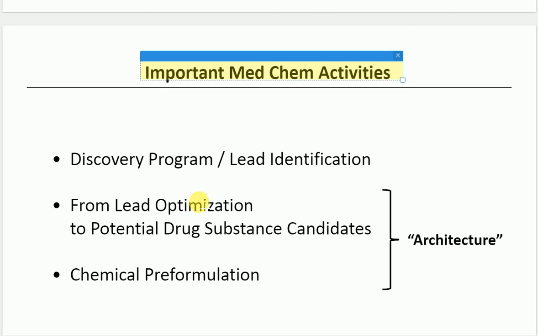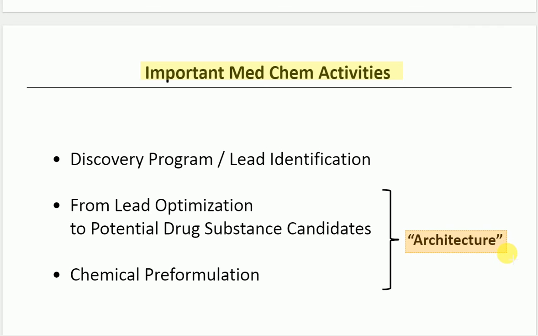From lead optimization to potential drug substance candidates and chemical pre-formulation. So all of this is a part of architecture. Lead optimization, finding a new drug, to potential drug substance candidates.